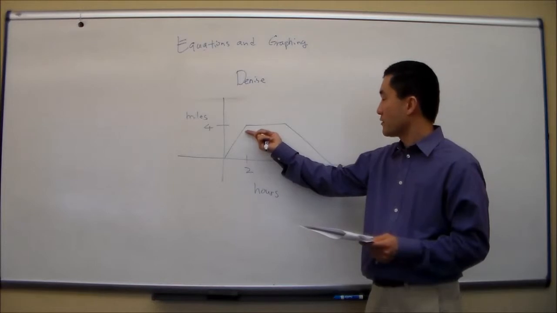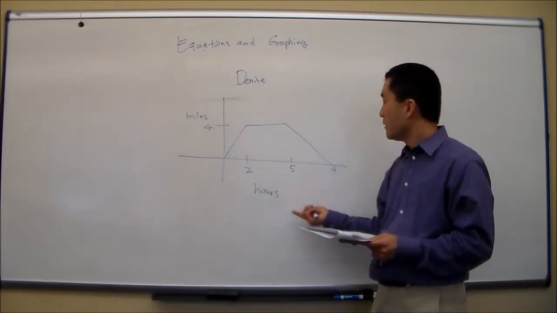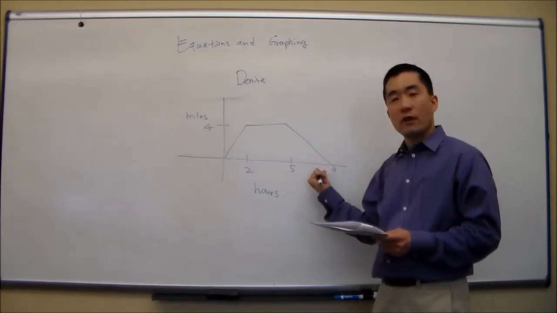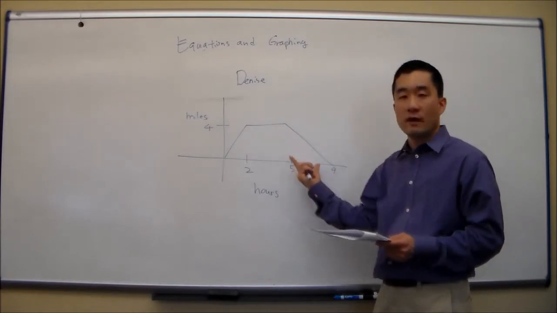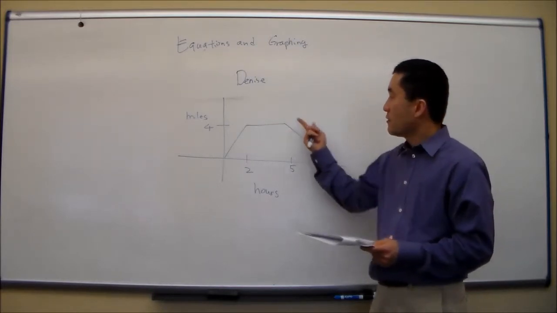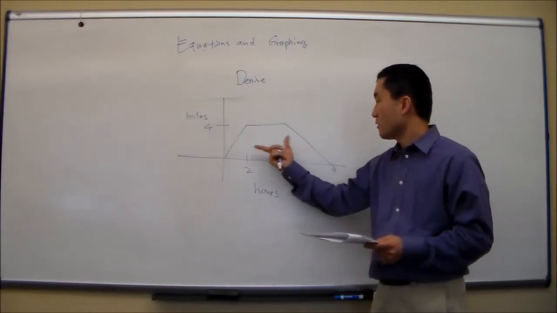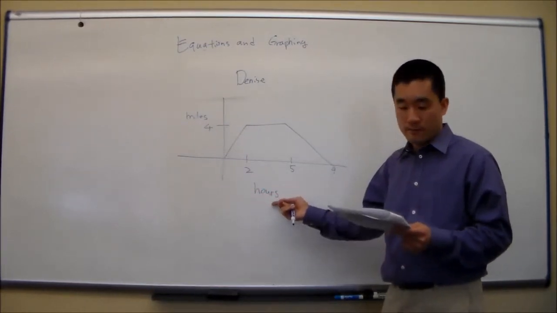So that means she was resting for 3 hours between hour 2 and hour 5. And then she went backwards, so that means she went home. But this time she took 4 hours to go 4 miles home. This is how you describe a graph. Just look at the kinks and tell me what's going on from the labels, miles and hours.